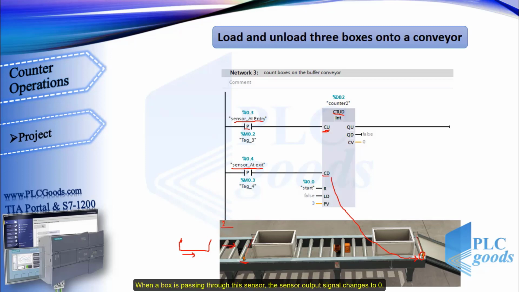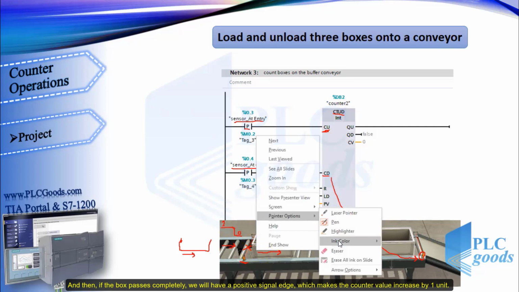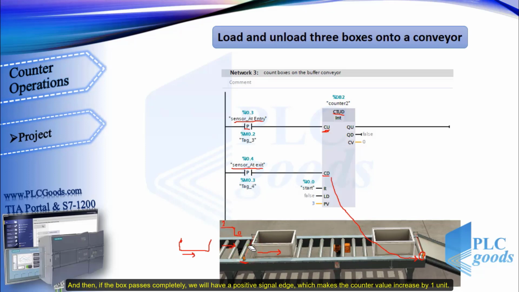When a box is passing through this sensor, the sensor output signal changes to 0. And then if the box passes completely, we will have a positive signal edge, which makes the counter value increase by 1 unit.